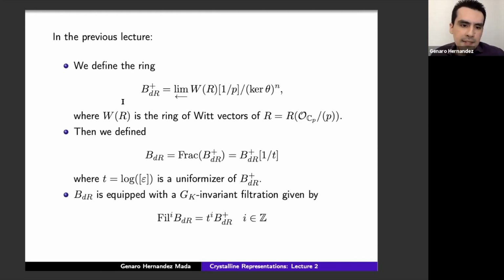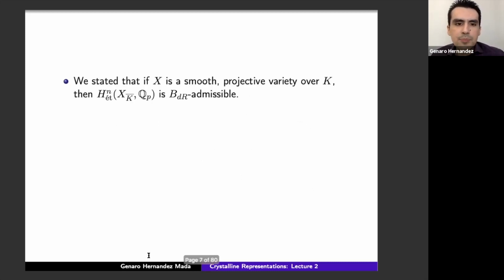We saw that it is equipped with a G_K-invariant filtration, G_K being the absolute Galois group, which is given by taking t to the power i, multiplying the ring B_dR^+. So we have that filtration.